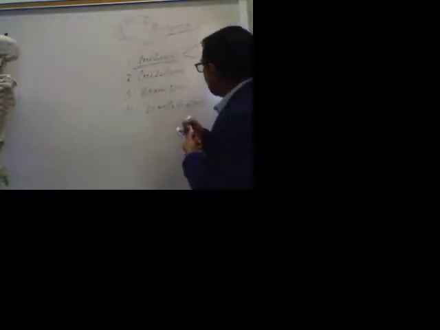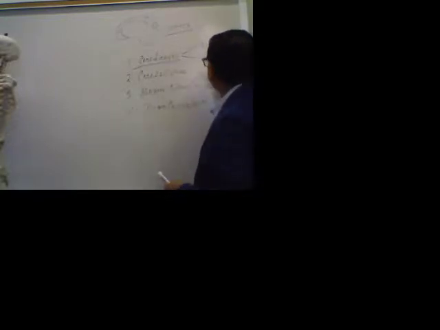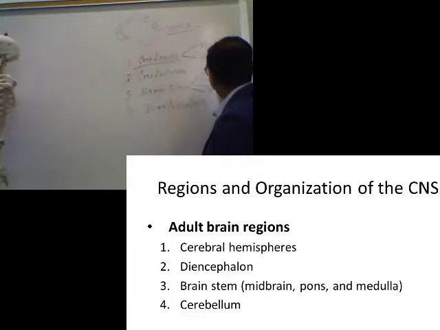Brainstem. Brainstem consists of three structures: midbrain, pons, and medulla, also called medulla oblongata.